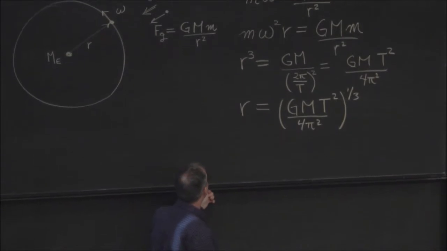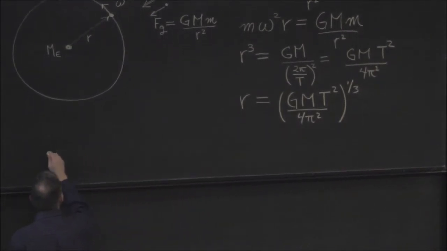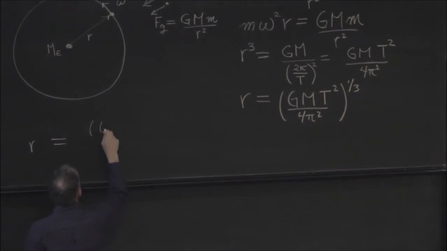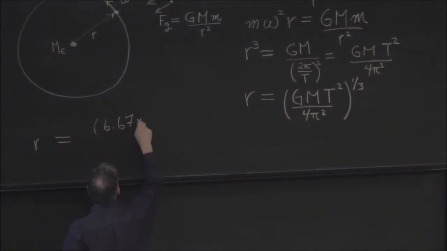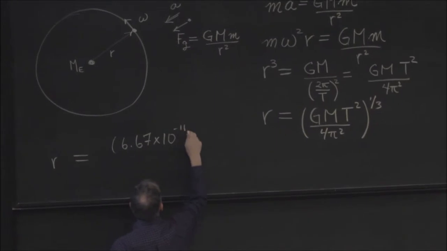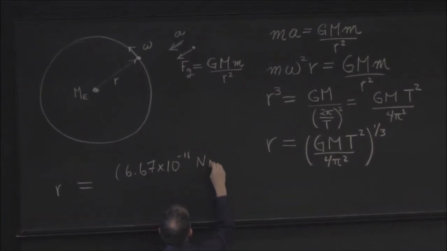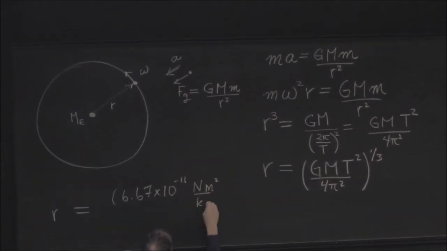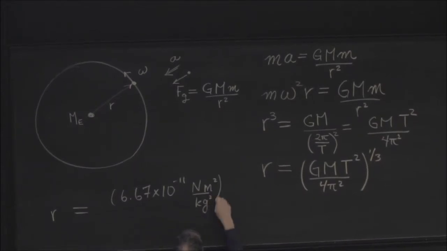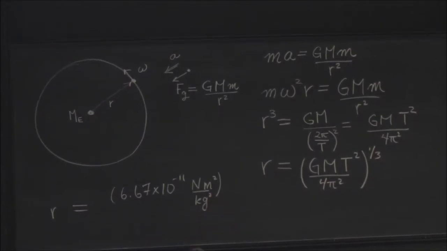All right, so that's going to be a lot of numbers, so we're going to start over here. R is equal to 6.67 times 10 to the negative 11 Newton meters squared per kilogram squared. Oh, that's too high. Epic fail. All right, move that down.